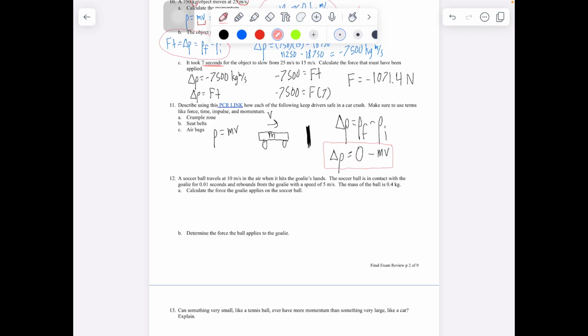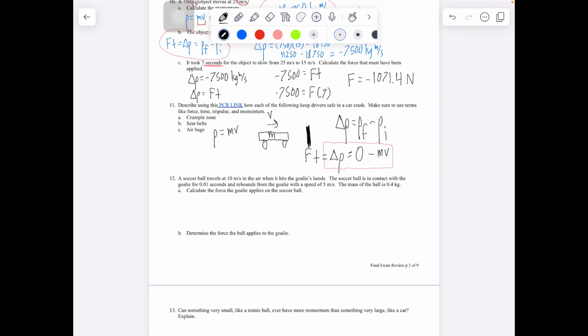Why is this the case? Well, because delta P, that impulse, is also equal to force times time. So if you have a certain amount of change in momentum, of impulse, if you come to a stop really quickly, you minimize that time, you're going to feel a huge force. If you come to a stop over a long period of time, that force is going to be minimized.